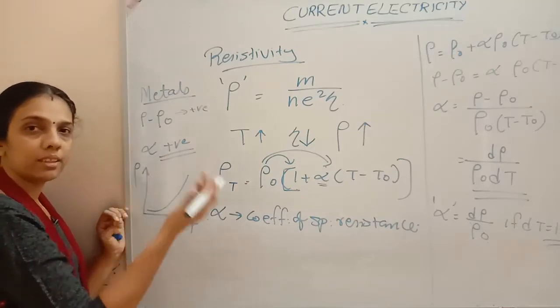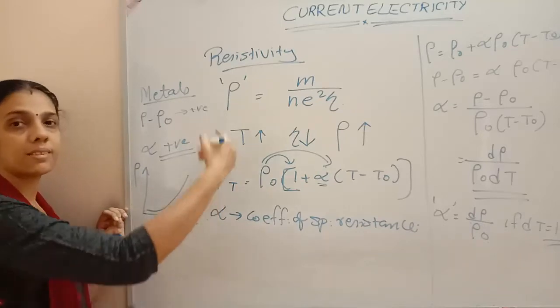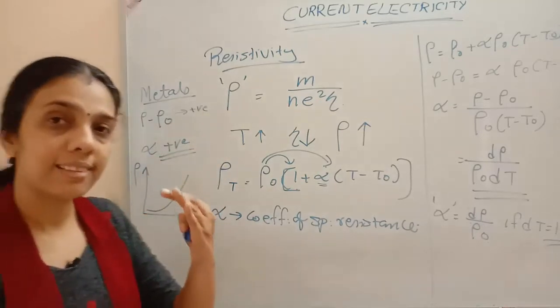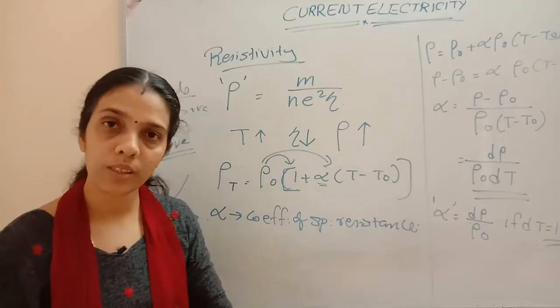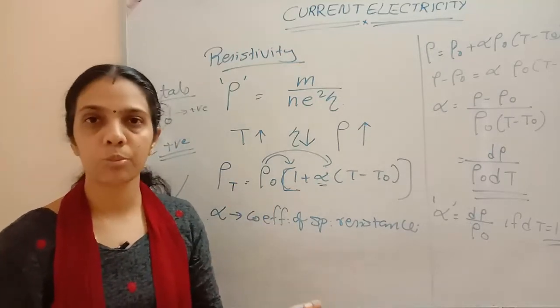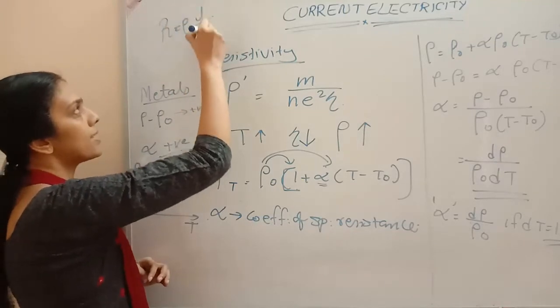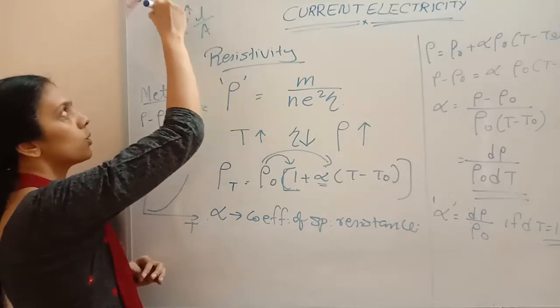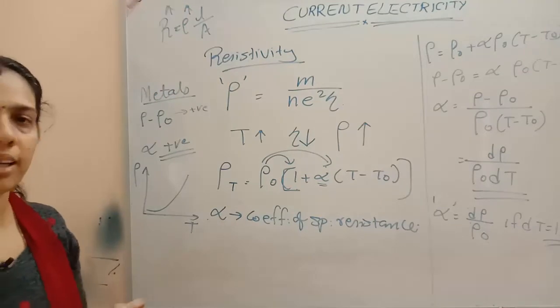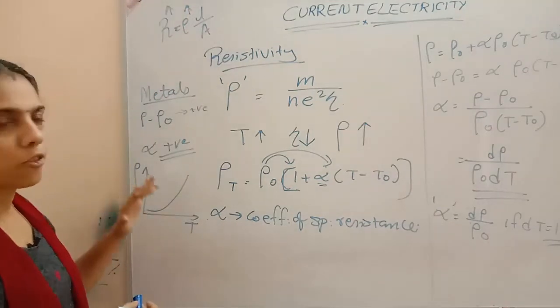When resistivity increases, resistance also increases, because R is equal to rho into L by A. So as resistivity increases, resistance also increases. Clear? This is the case of metals.